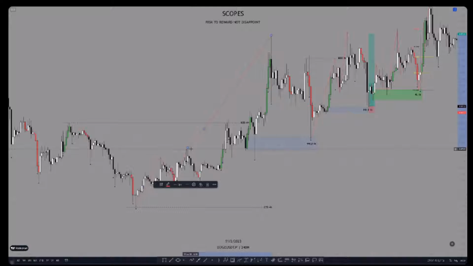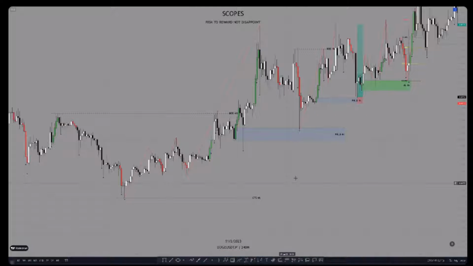So obviously what I've done then is fibbed the breakout wave on the 4 hours. Obviously there's no imbalances here. There's a tiny little one here, but it's been touched.